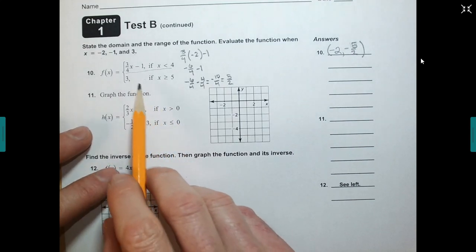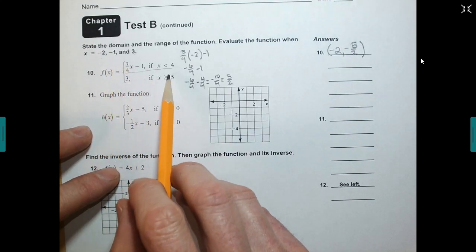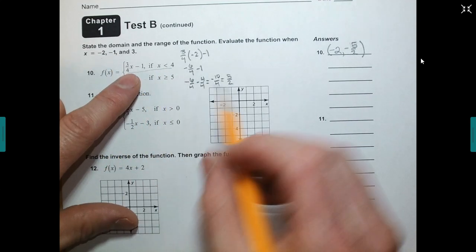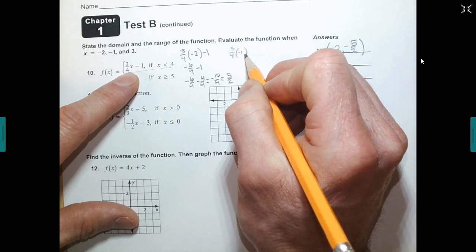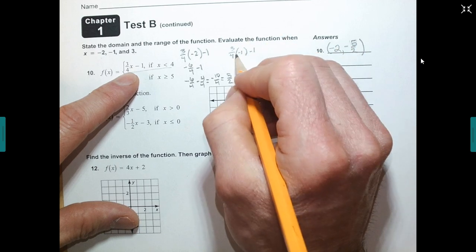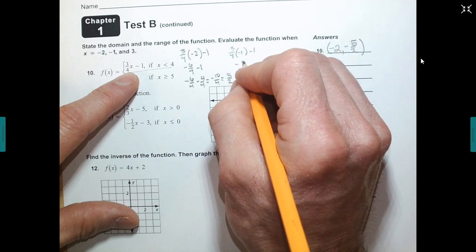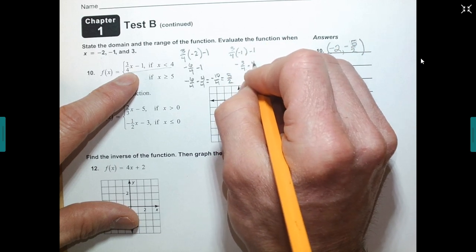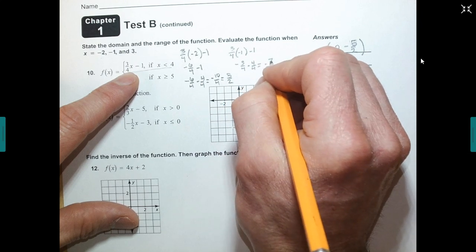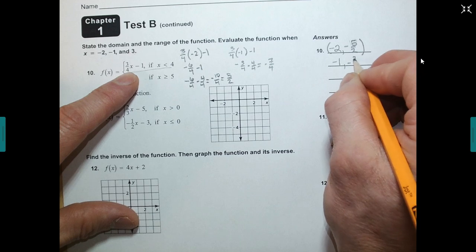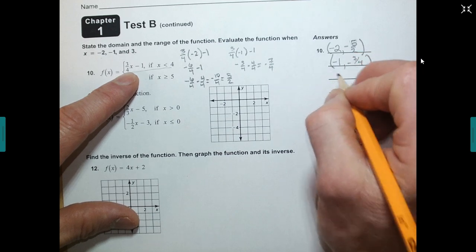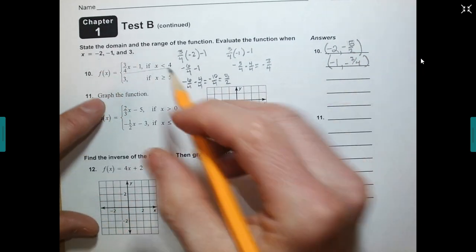Okay. And if it's -1, well, -1 is this one also, so that would be -3/4 minus 4/4, so that'd be -7/4. Okay, and 3.